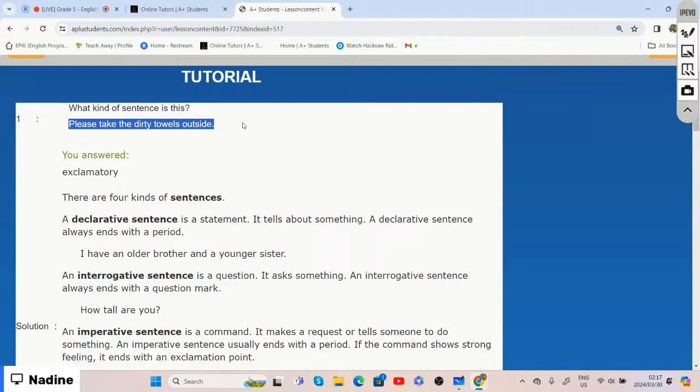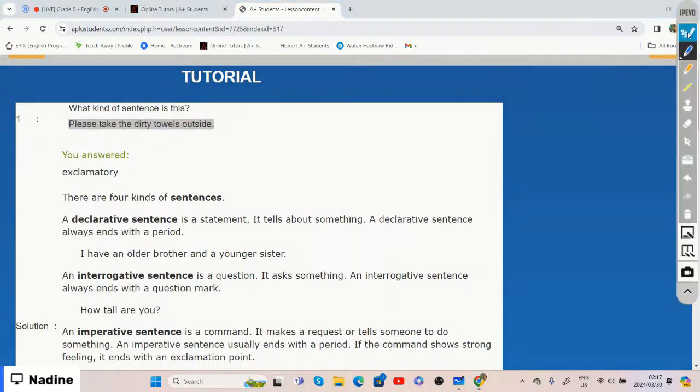And if we were to choose the type of sentence, then we would say this is an imperative sentence.